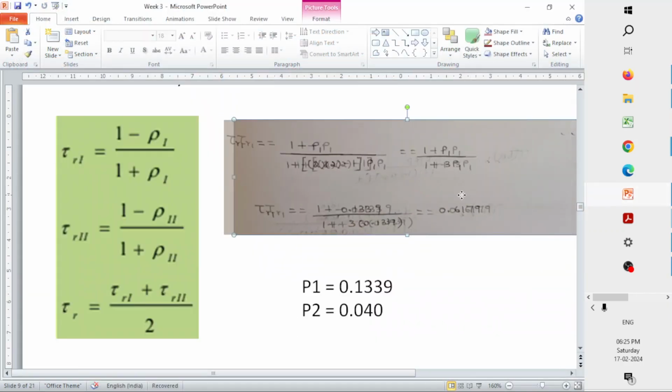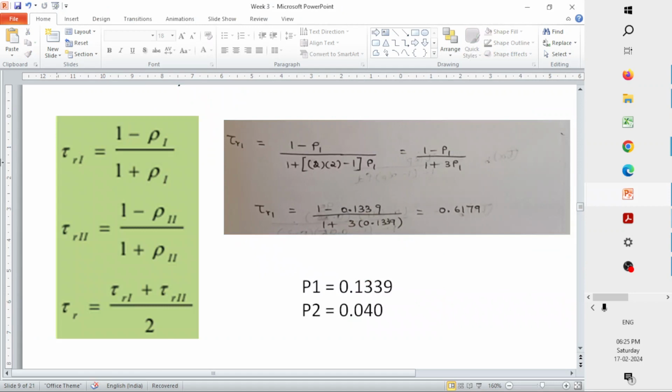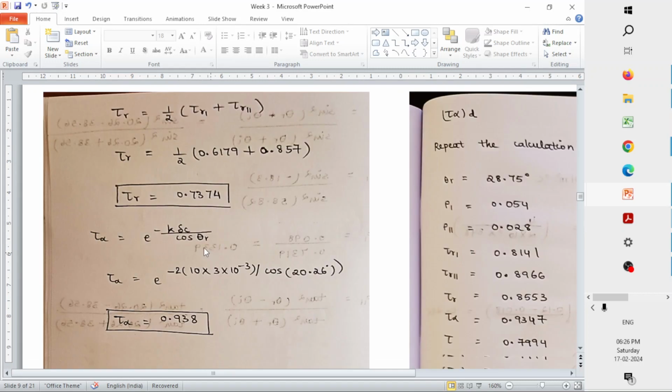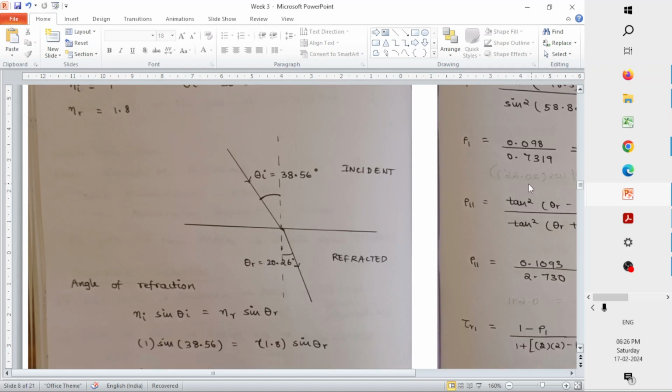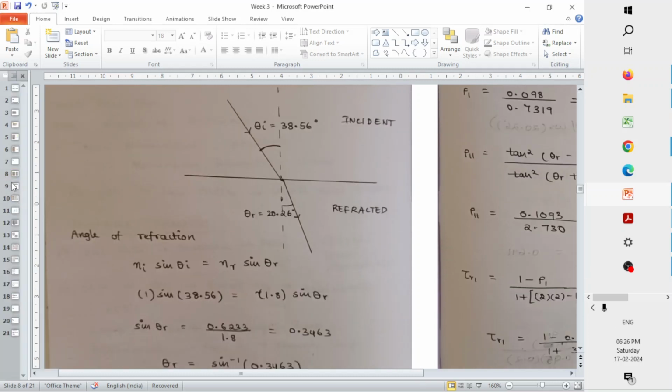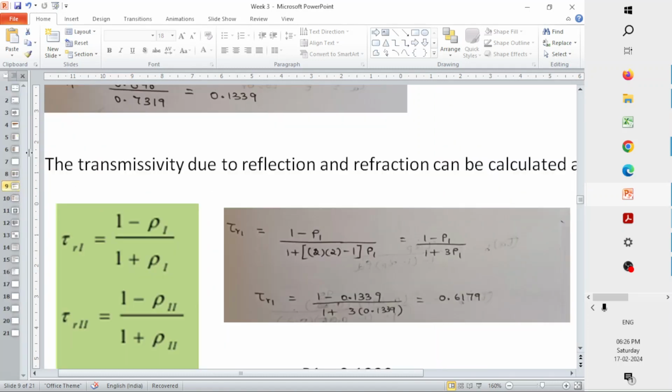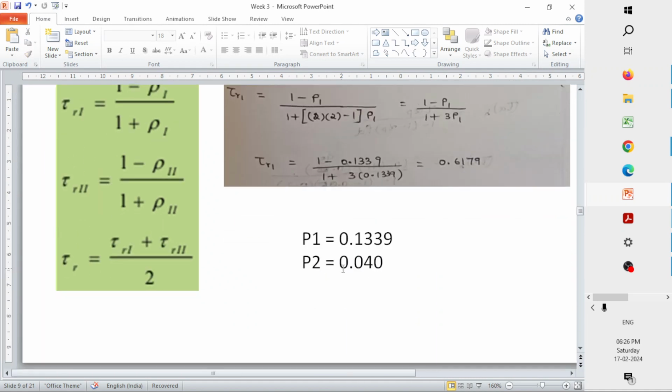But this formula actually has a particular limitation. This tau r1 is equal to 1 minus rho 1 by 1 plus rho 1 is specifically valid only when you have a one glass cover system. The formula actually changes if it is a multiple glass cover system. So the general formula is... Now, what is the general formula?